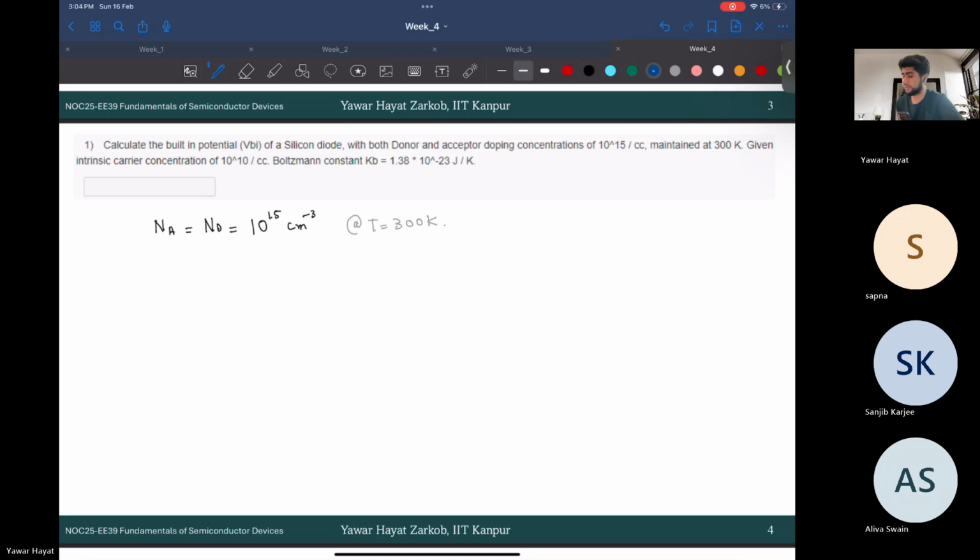Also, your Ni is given as 10 to the power 10 per cubic centimeter. The Boltzmann constant value is 1.38 into 10 to the power minus 23 joules per Kelvin, and we need to compute VBI.